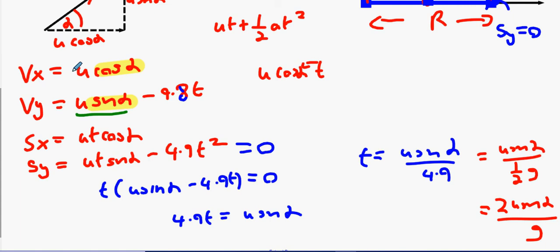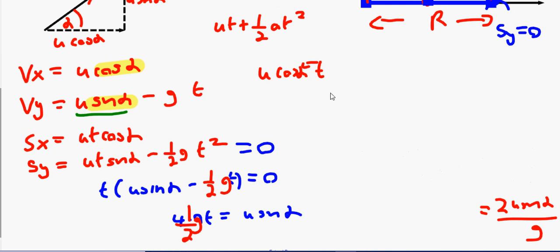So, just to be consistent with what I've done in the past, that's now gt, and that's a half gt squared. That's a half g.